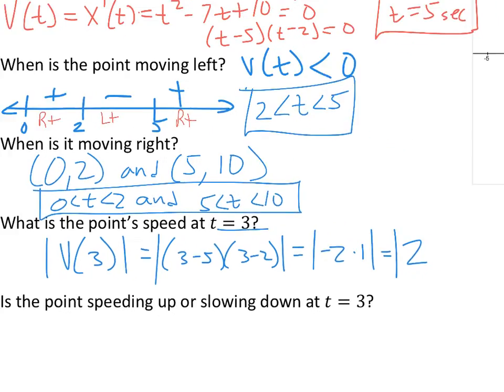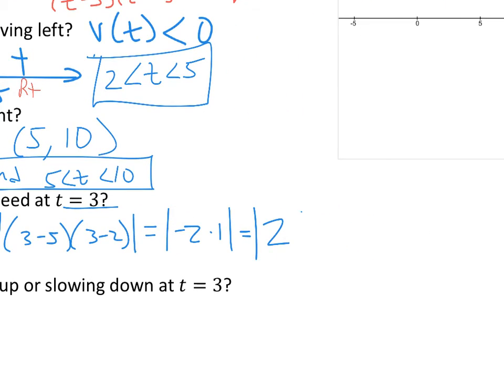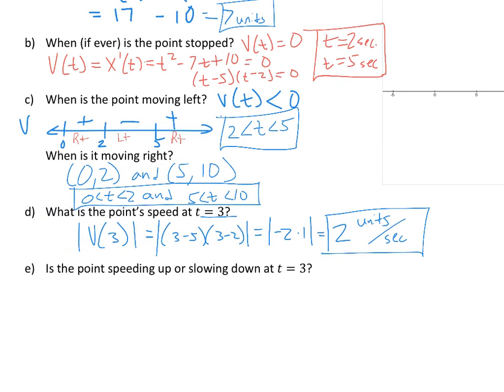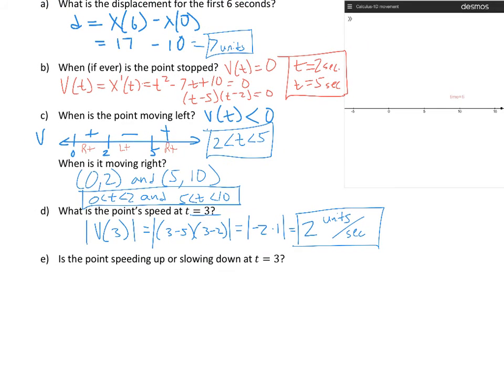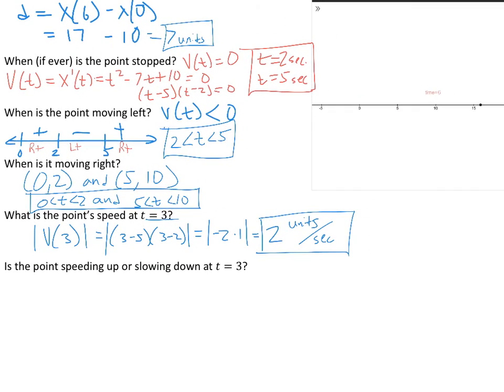So this is 2 units per second. So that is our speed. Now, even though it's moving left, so really the velocity is negative 2, the speed will be positive 2.